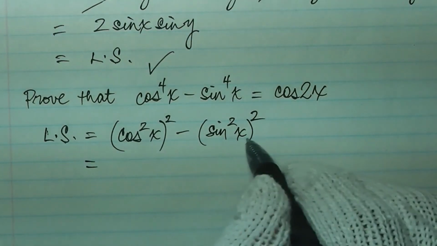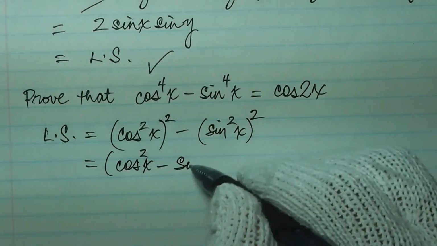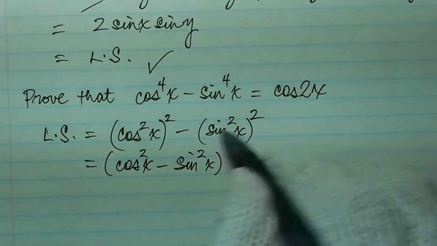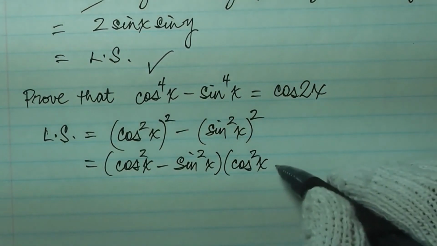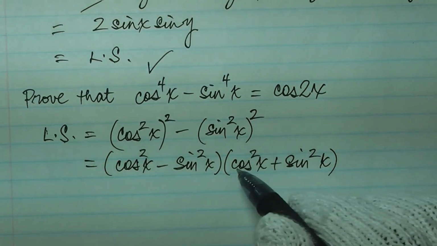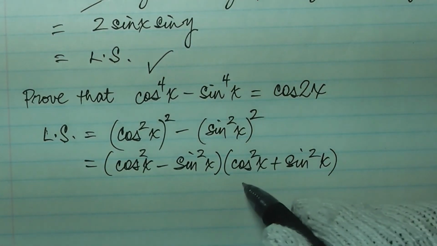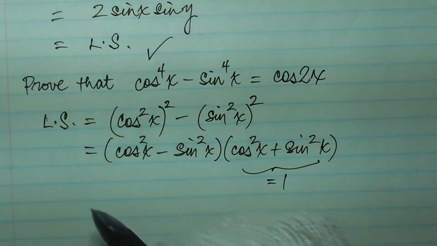Cosine squared x minus sine squared x, cosine squared x plus sine squared x. But cosine squared x plus sine squared x is equal to 1. So I'm left with this.